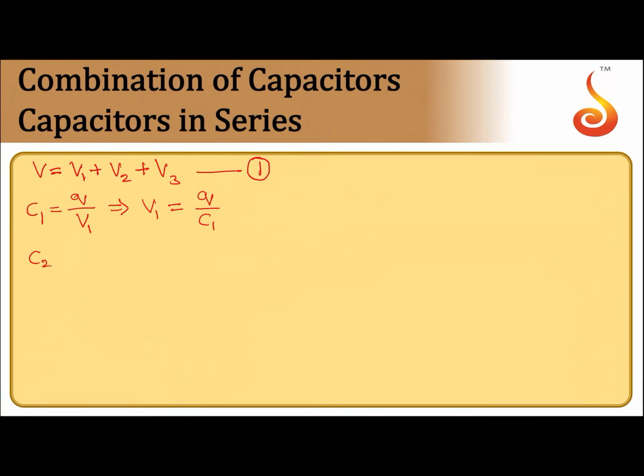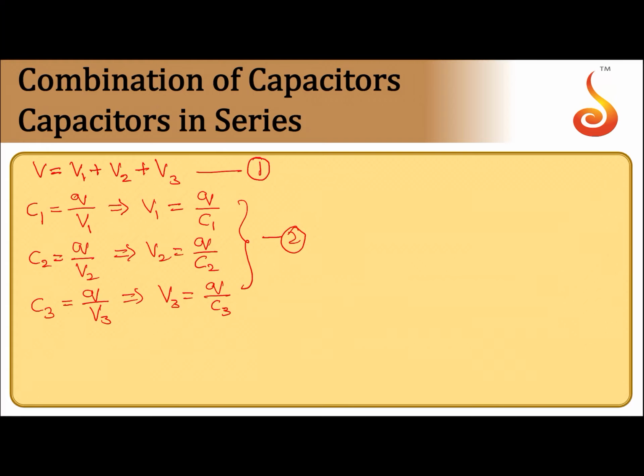Similarly, C2 is equal to Q by V2, which implies V2 is equal to Q by C2. And also C3 is equal to Q by V3, which implies V3 is equal to Q by C3. All three put together, let us call it equation 2. So we got the values of V1, V2 and V3.